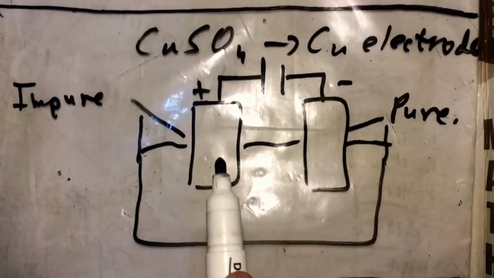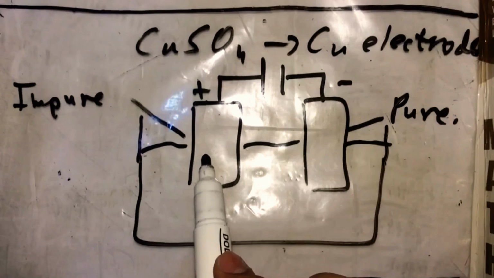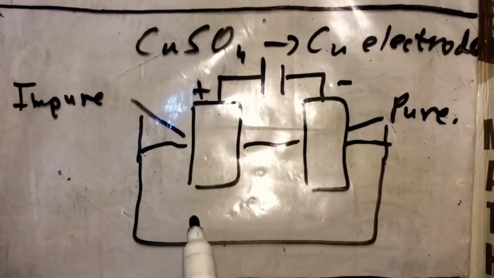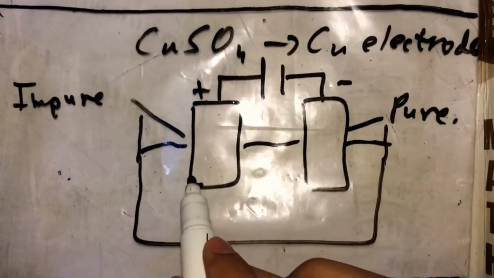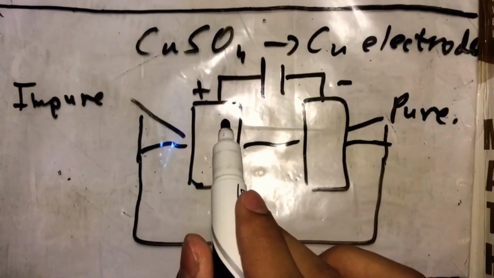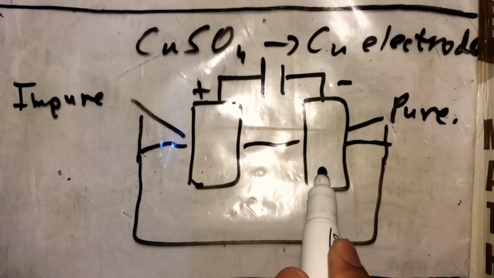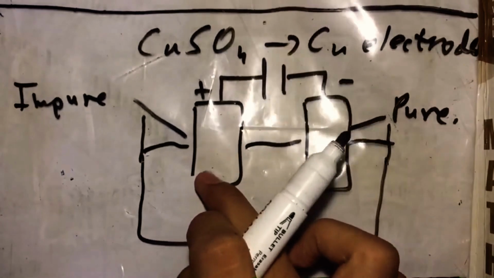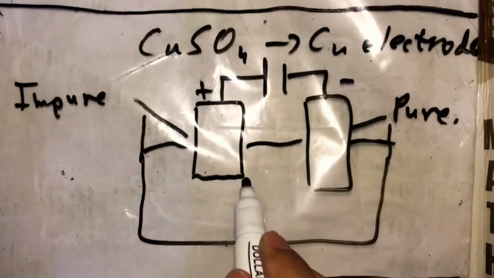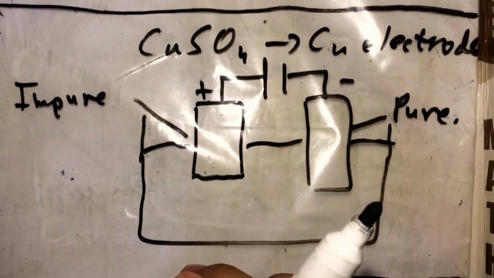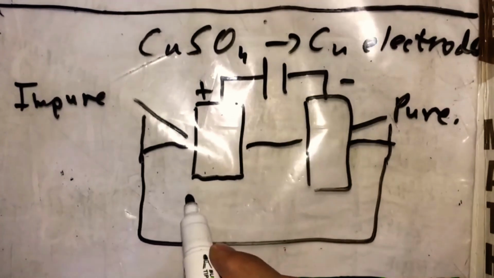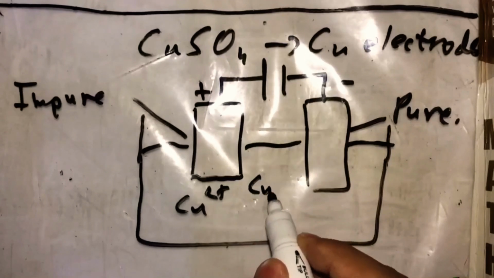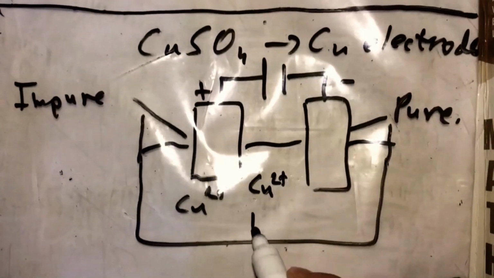Now what happens at the anode? At the anode, the battery pulls the electrons from the anode. Therefore, the copper atoms that were over here lose electrons, and those electrons are transferred to the cathode. So these copper atoms form ions and jump into the solution. Therefore, the anode dissolves.